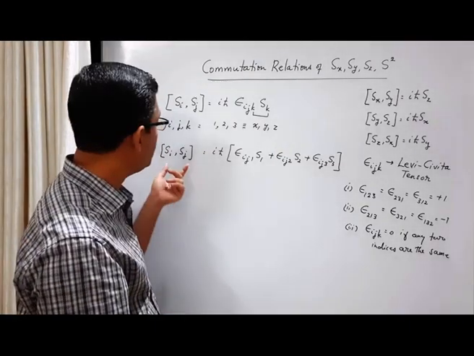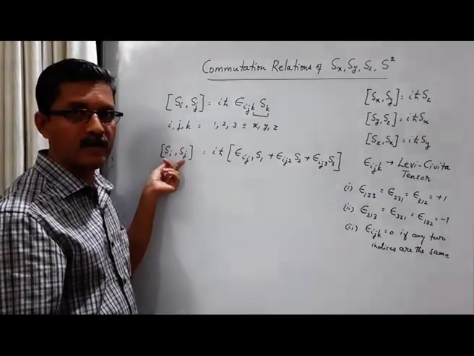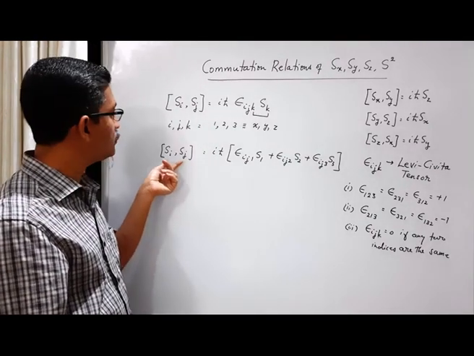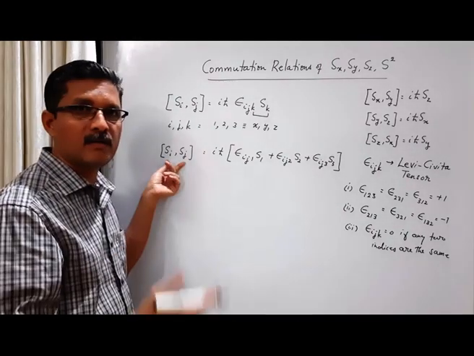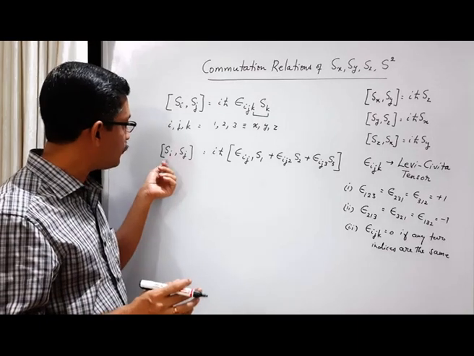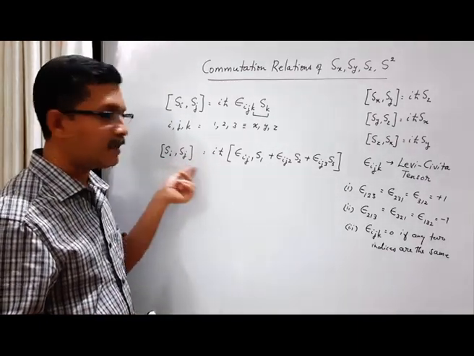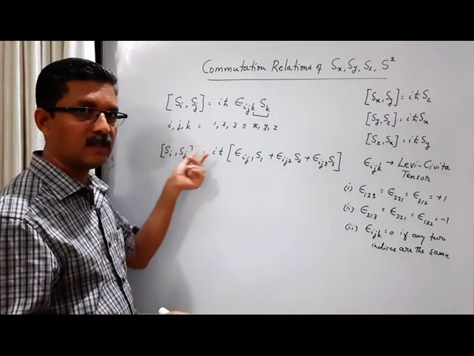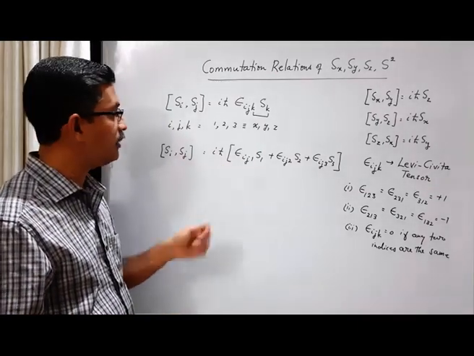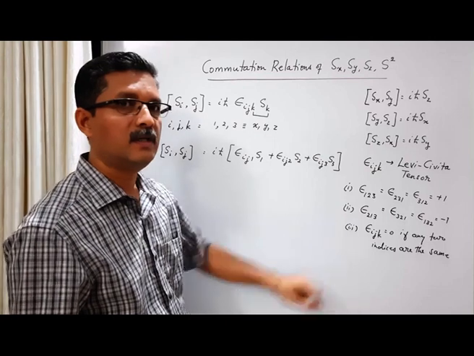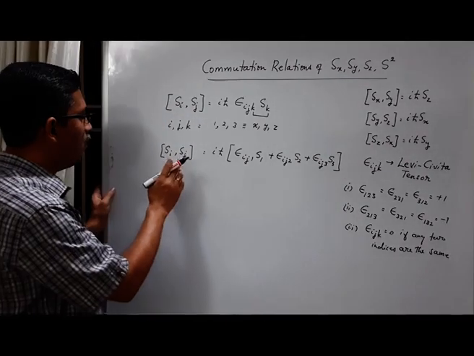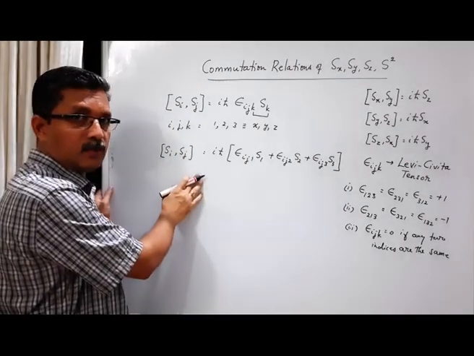So the two indices i and j cannot be the same. This also satisfies the commutator property that the commutator of an operator with itself is always 0. So that is embedded here. S_i comma S_i will be 0. That is ensured by this property of the Levi-Civita tensor. So i should not be equal to j.